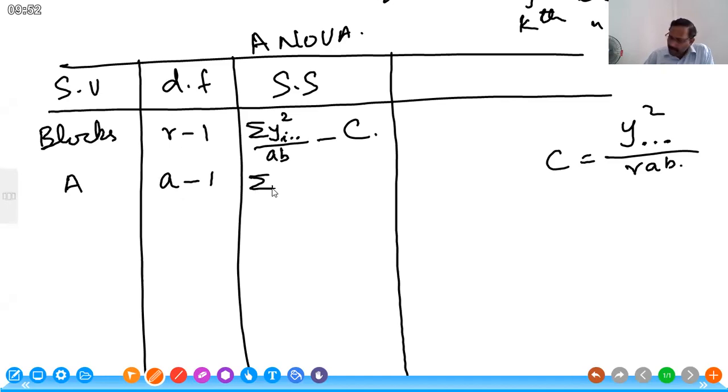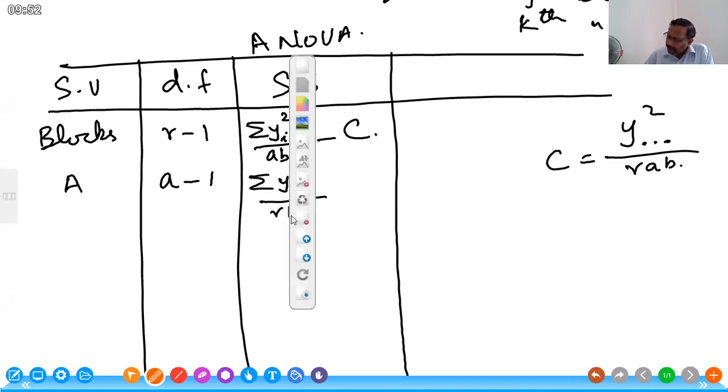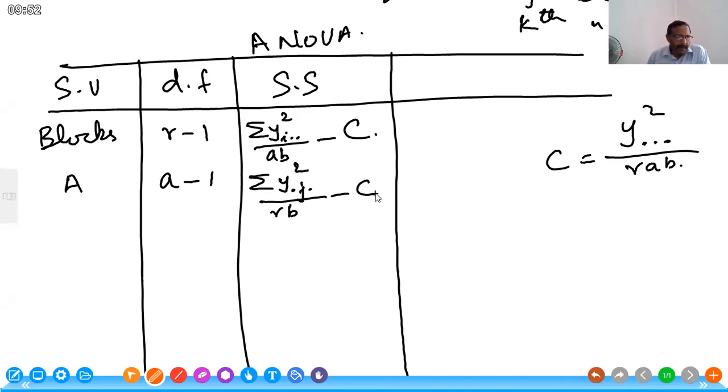Summation Y dot J dot square divided by R B minus correction factor. RB, or you can write BR, whatever it is. Since the first dot is indicating R, that is why I'm saying RB, so that you can understand.